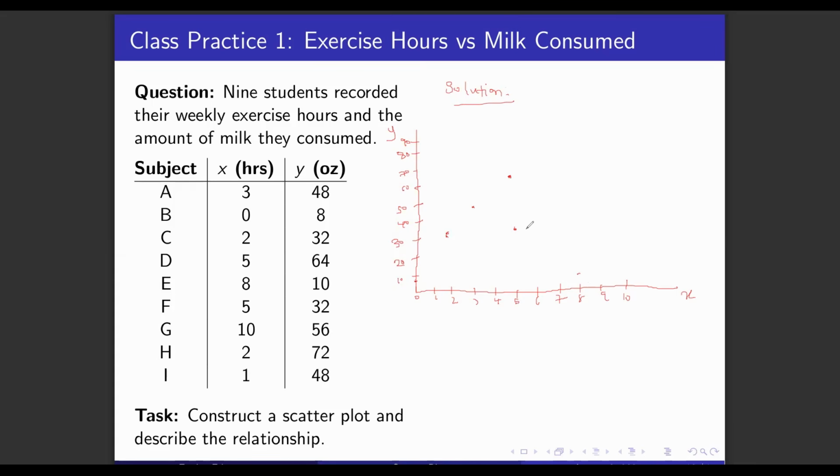Then we have student G, 10 hours, and took 56 ounces of milk, somewhere here. Then we have 2 hours and 72 ounces of milk. Then we have 1 hour and 48 ounces of milk.